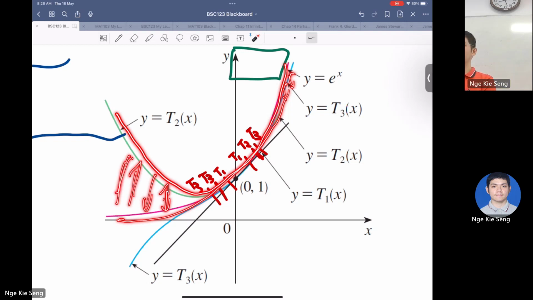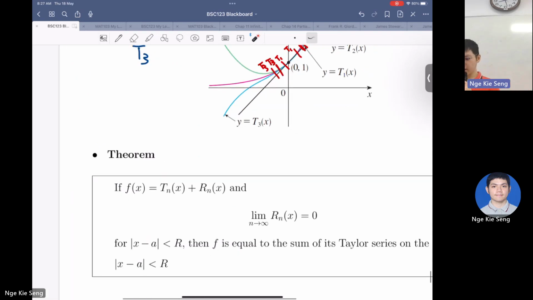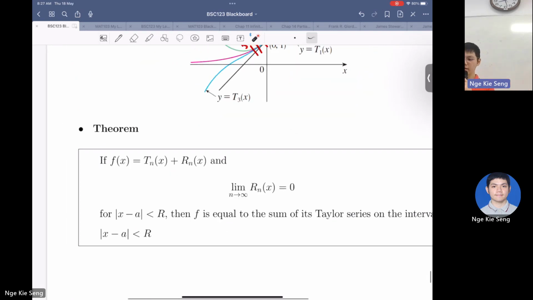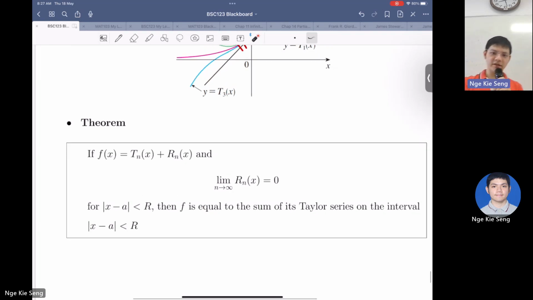Okay, this theorem here you don't need to worry about, but I will mention it for completeness.